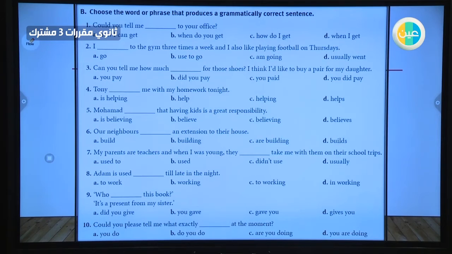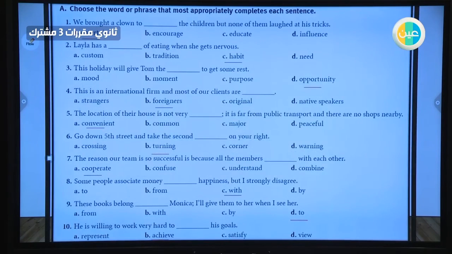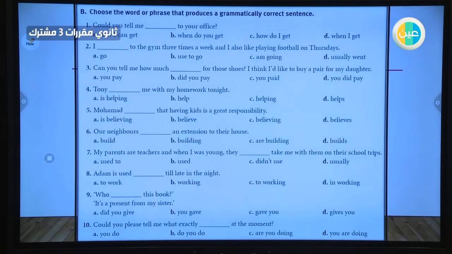What did we say? Usually the second question becomes a sentence. So which one? Of course, you should change it. Yes, how I can get, okay? The order is usually subject, verb. Number 2: to the gym 3 times a week, and I also like playing football on Thursday.